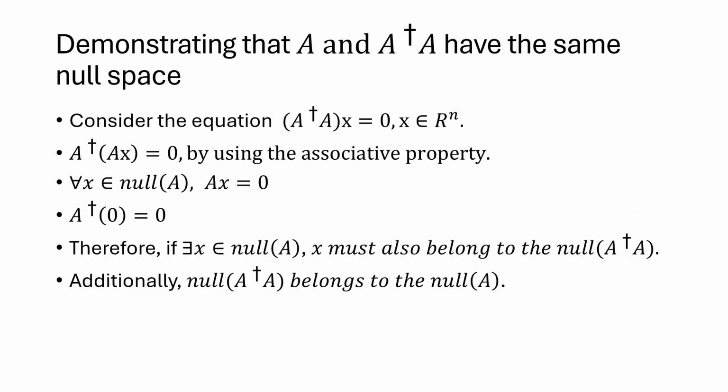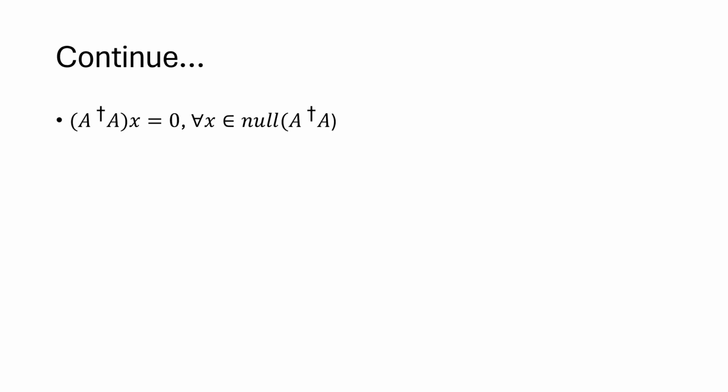Now I want to show that the null space of A transpose A is a subset of the null space of A. This way, I'll prove that the null space of A is equal to the null space of A transpose A. Now, what I can do next is simply take the equation that I started off with, where for all x belonging to the null space of A transpose A, this expression equals 0.